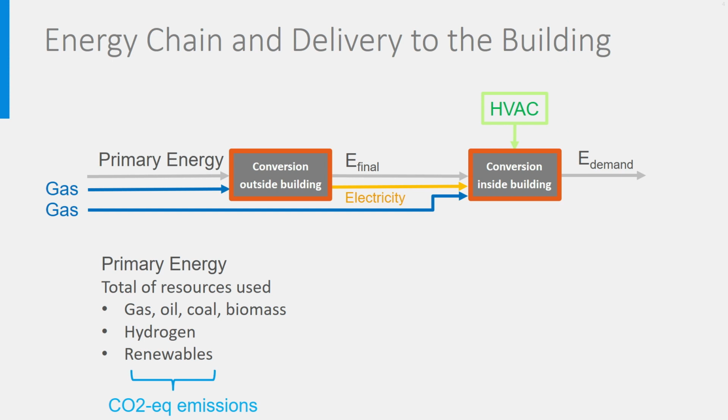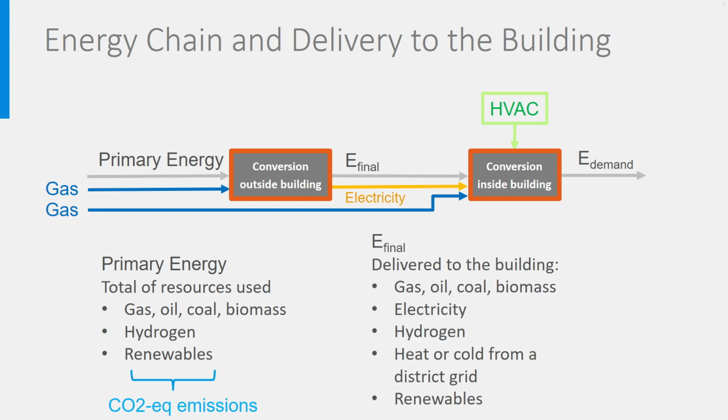What is called final energy is therefore a mix of primary resources and already converted useful energy. It is what you pay for in your energy bill. In this course, we will consider mainly primary energy and address final energy only when it comes to energy costs.